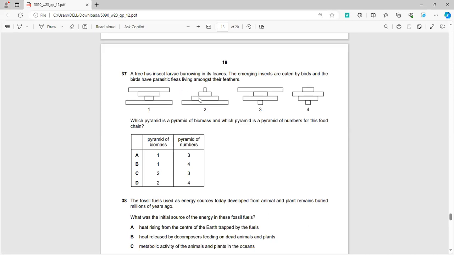This is a tree, these are the larvae, and on the larvae are the insects, and these insects are being eaten by the birds, and the birds are consequently being eaten by the fleas, and thus the fleas have the least amount of weight.